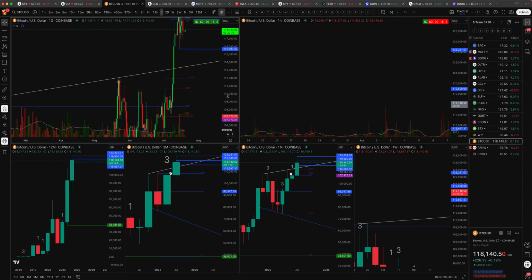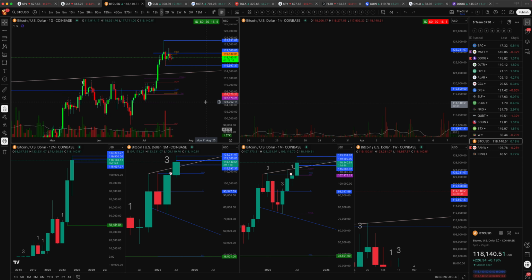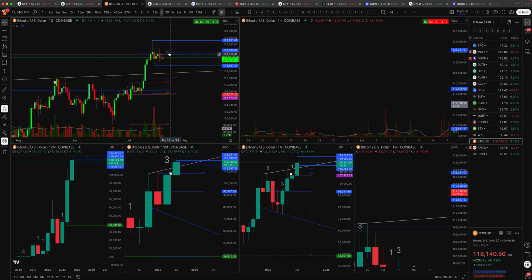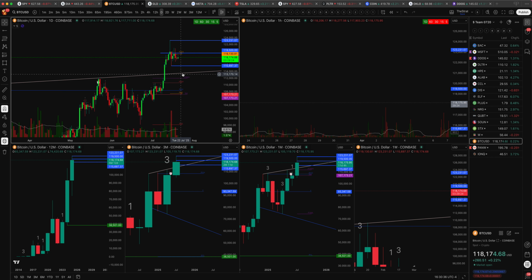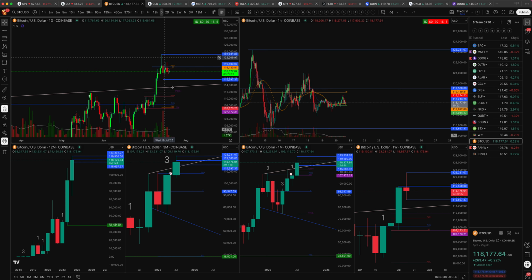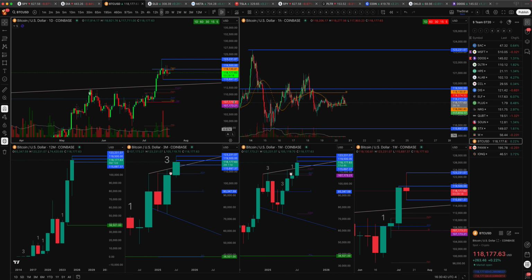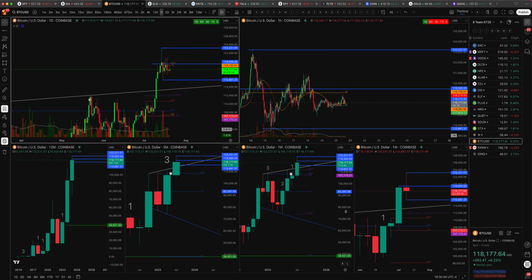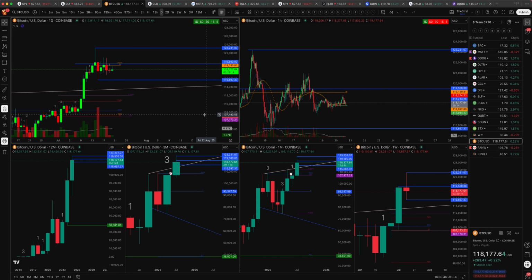If I was a pro Bitcoin guy, I wouldn't hesitate or be annoyed if it broke below, took out these stops, came back to the broadening formation, and then went and expanded this range back to the upside. That's definitely a possibility. But you've got to let it play out, see how it happens.